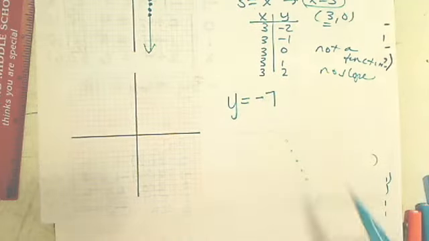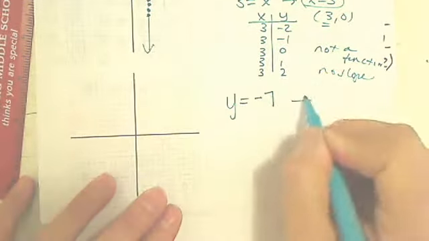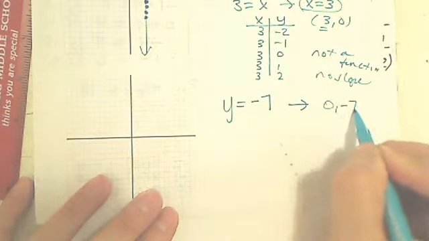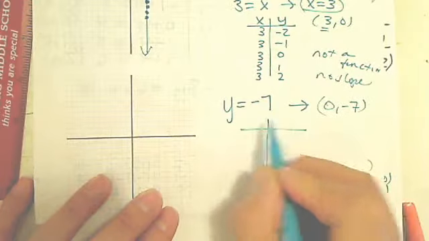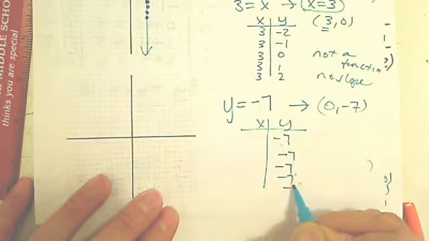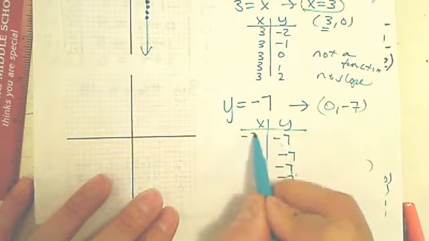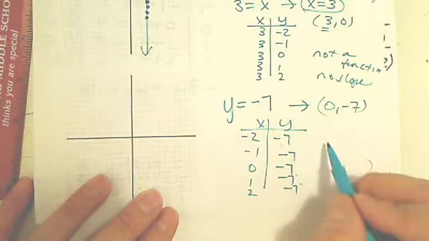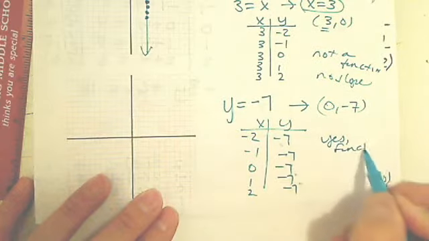Okay. So here, we know that all the y values are -7. x can be any number. Is it still a function? Yes, this is a function, and it's also a line.